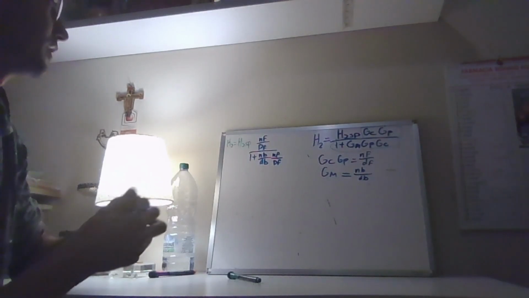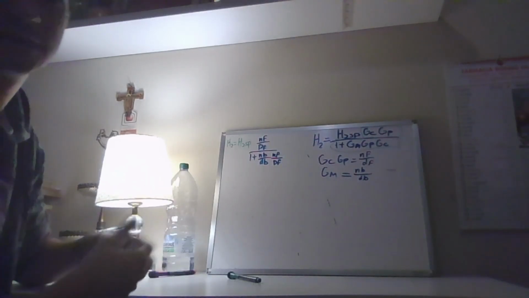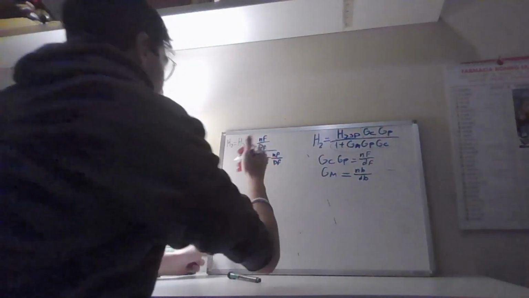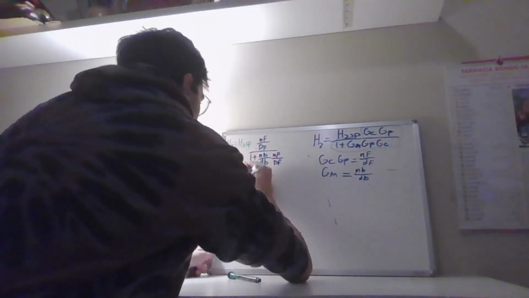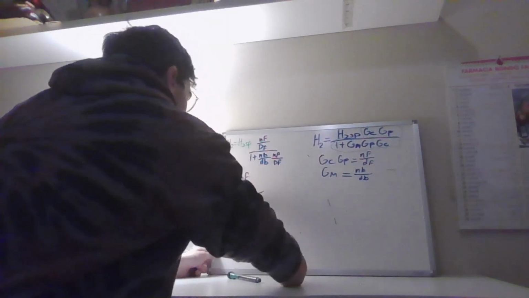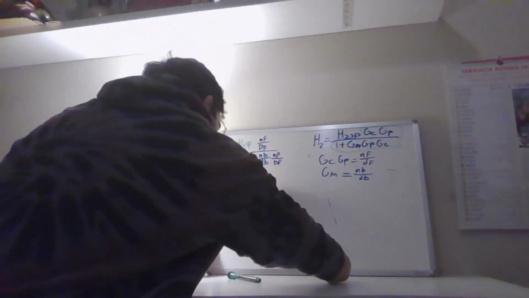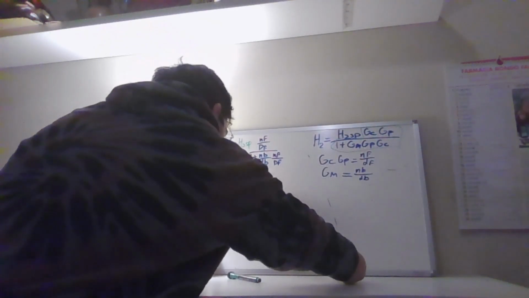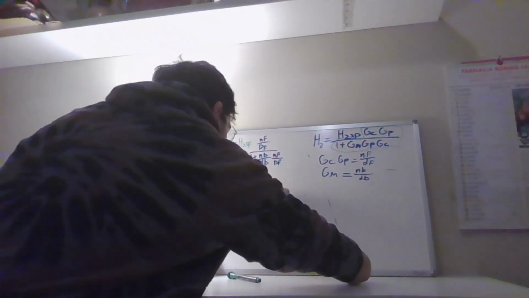Now we can multiply this out, so we can start simplifying it a little bit, so that we have numerator forward over DF, which is all over 1 plus NB/NF over dB/dF.